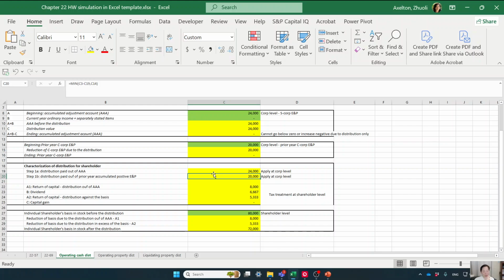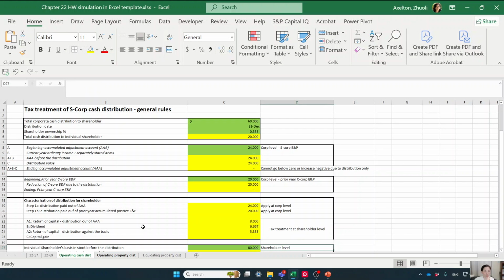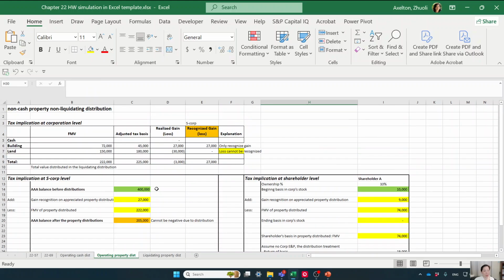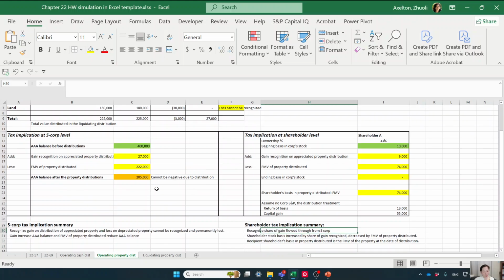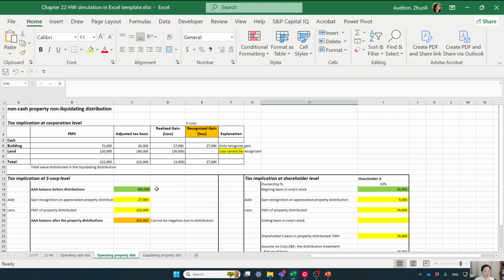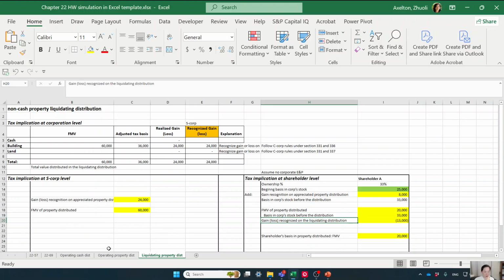From the calculation perspective, you can see at what step the calculation is applied at the corporation level, and at what step the calculation is done at the shareholder level. So this is a simulation for you to take a look, and you can also use those templates while you're reading the book regarding the various distributions at the S corp level.